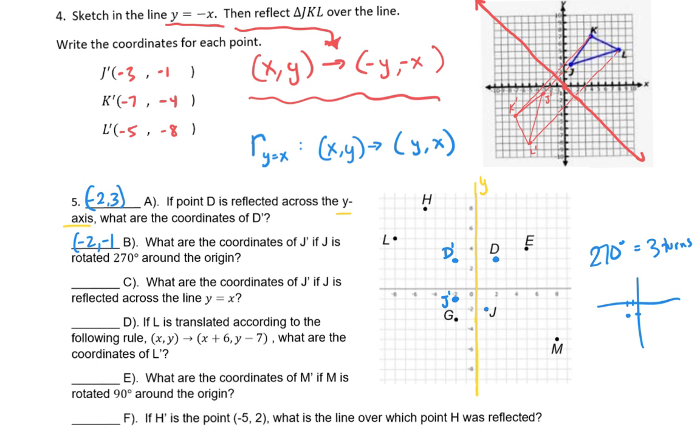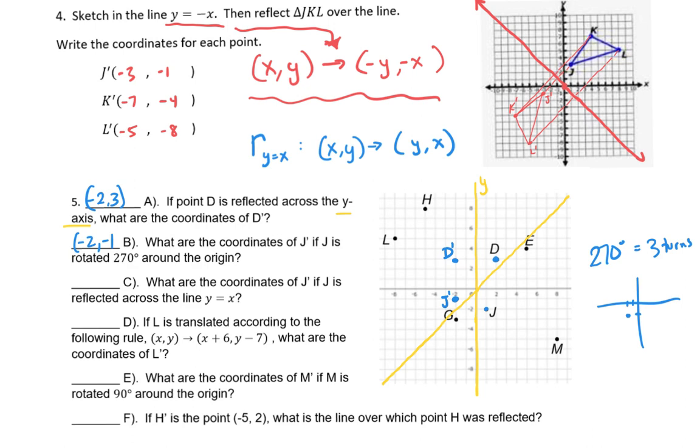What are the coordinates of J prime if J is reflected across the line y equals x? The line y equals x, again, is a diagonal line with a slope of 1. So I'm going up 1, right 1, up 1, right 1. Keep going down 1, left 1, down 1, left 1.